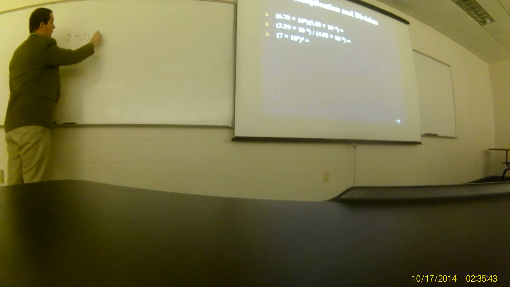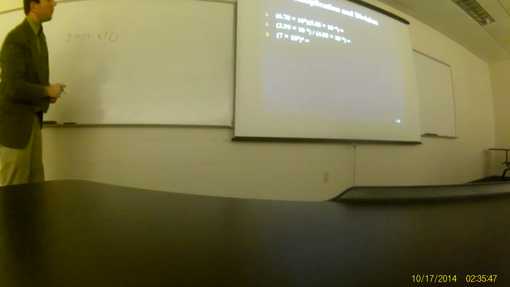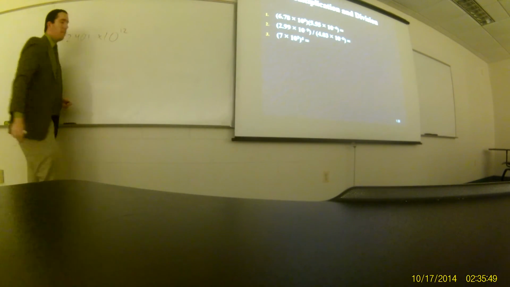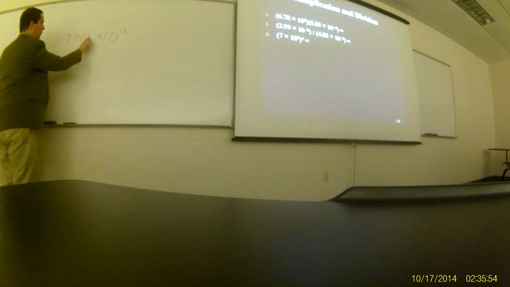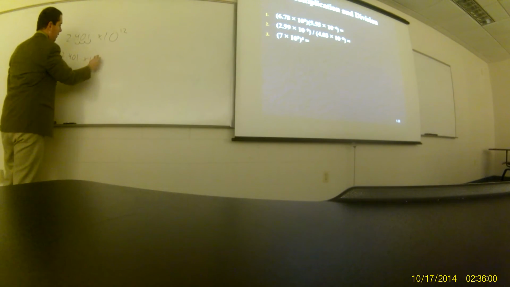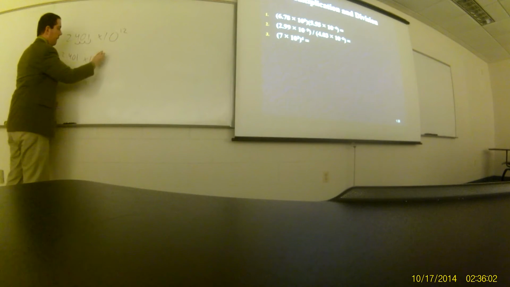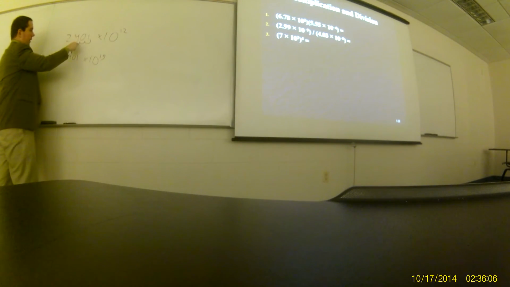What do we do with our exponents? Multiply. So we get 3 times 4 is 12. Now what? Move the decimal. 1, 2, 3. So I have 2.401 times 10 to the 15. So I started at 12, 13, 14, 15.